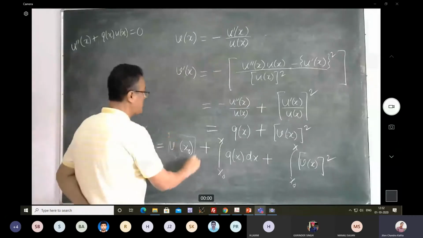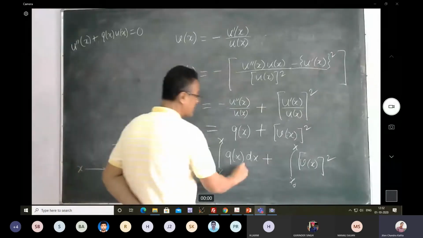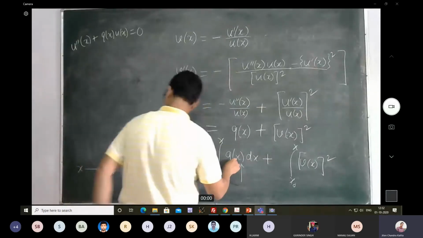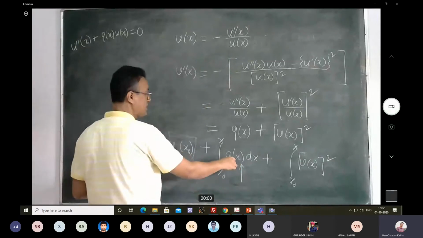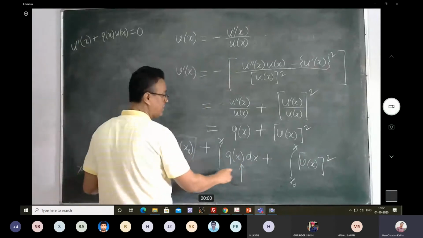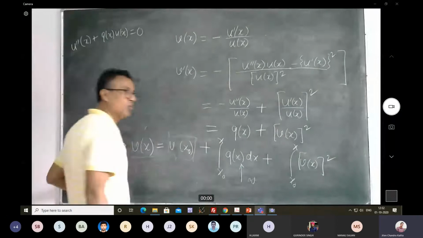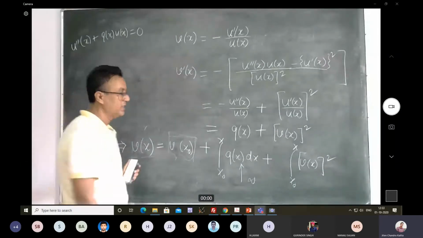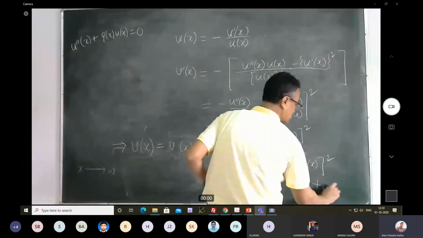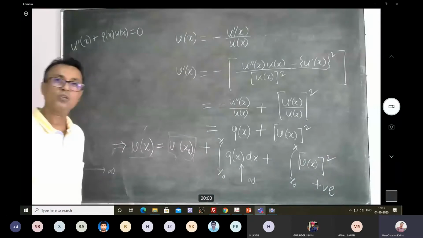Whatever may be the value of x, as I let x tend to infinity, this is going to go to infinity. Is it okay? This is always positive.